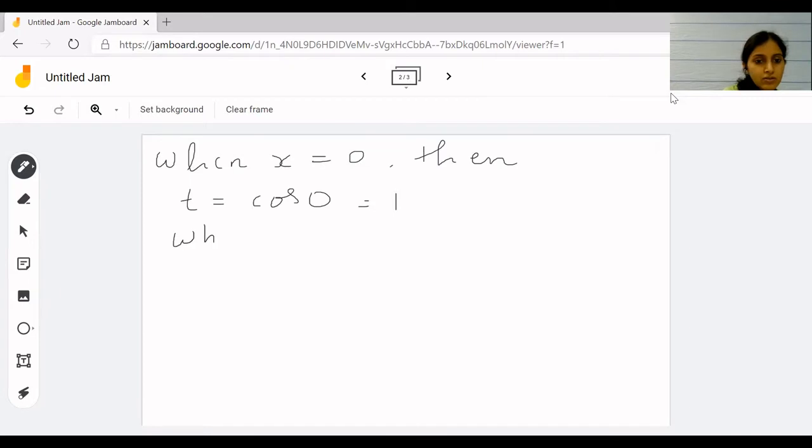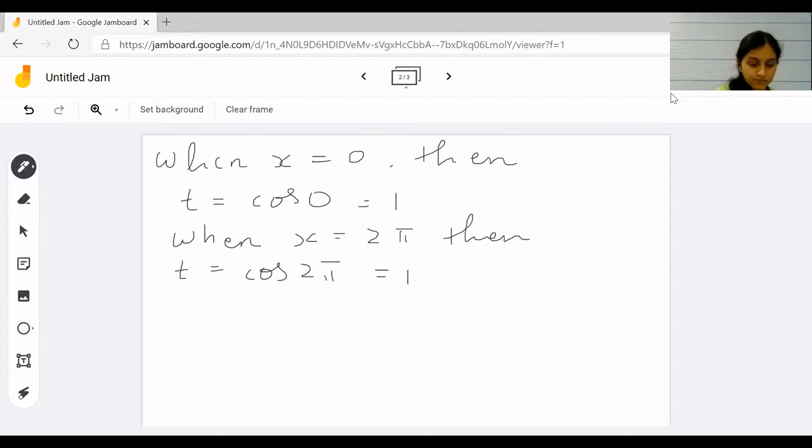And when x is equal to 2 pi, then t will be equal to cos of 2 pi, that is 1 again. Okay, so what will our integration become now? Therefore, I will be equal to integration of 1 to 1, under root of cos x, so cos x is t, under root of t, 1 minus t square, and we have minus dt.